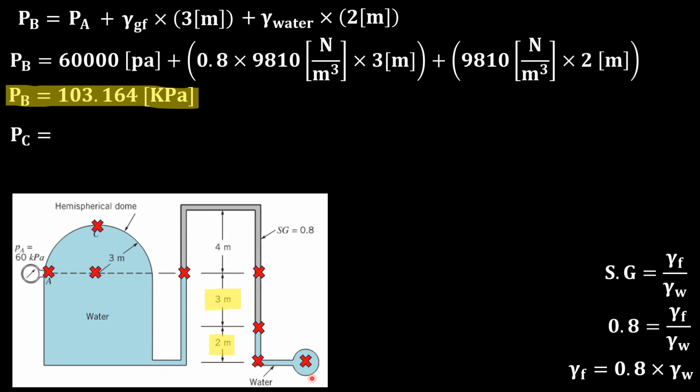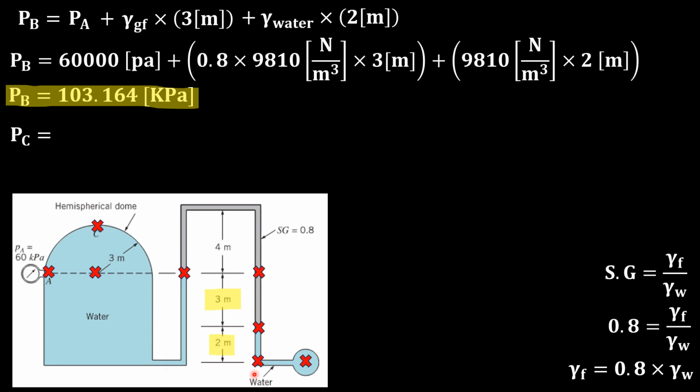And then we worked our way to pressure at B. Why don't we do the same thing and start at pressure at B, which what we found is 103.164, and walk our way back to pressure at C? Can we do that? Yes, you can.